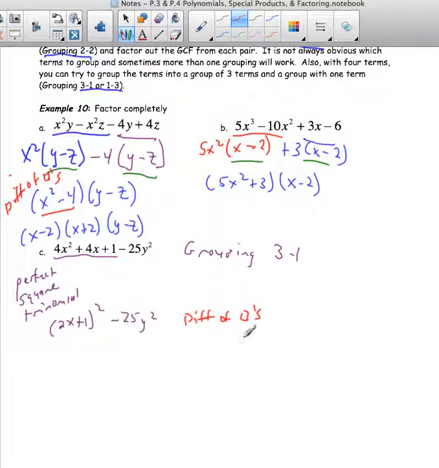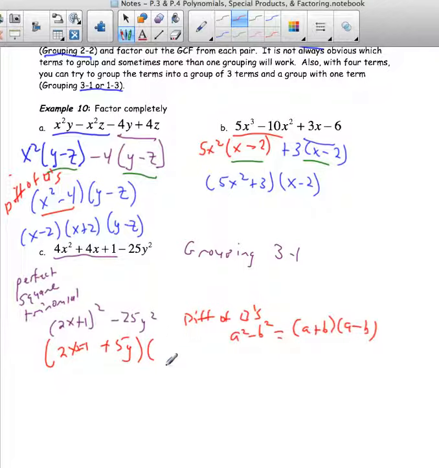When I factor by difference of squares, that's the pattern that if I have a squared minus b squared, a difference of two perfect squares, that factors as a plus b times a minus b. So here, this would factor as 2x plus 1 minus 5y, or plus 5y, it doesn't matter which one we do first.